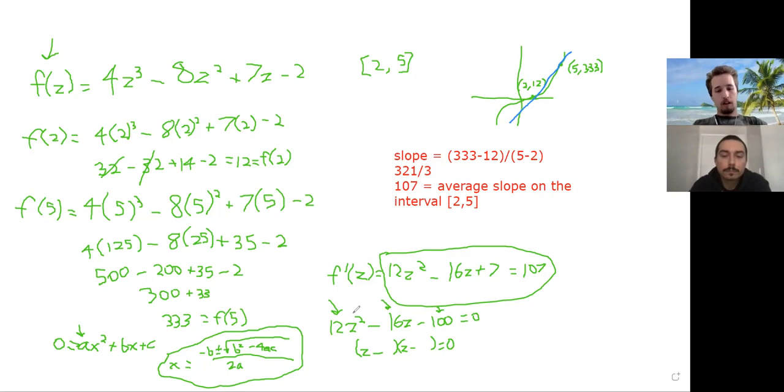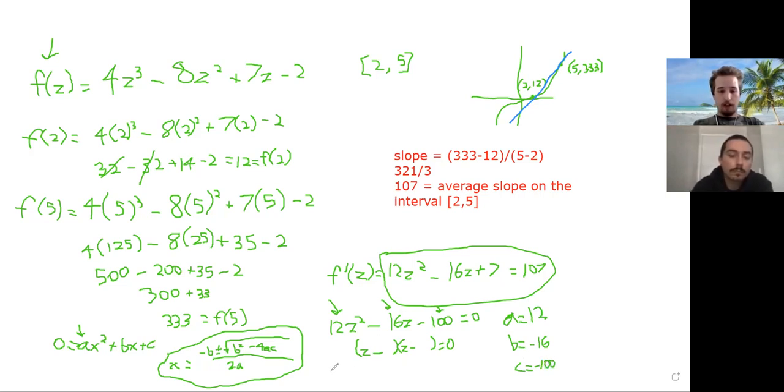So, like I said, a is equal to 12. B is equal to negative 16. And C is equal to negative 100.